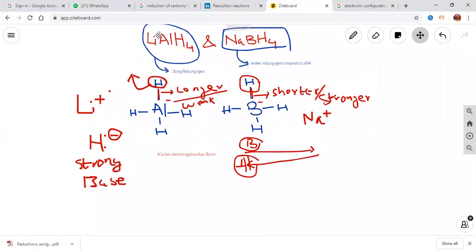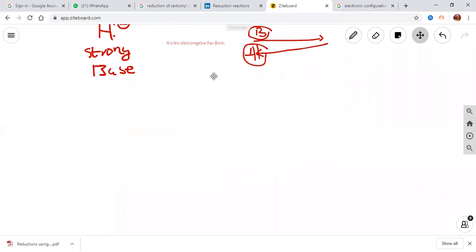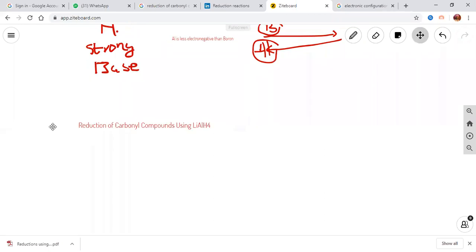First we'll discuss the reduction of carbonyl compounds using lithium aluminum hydride.